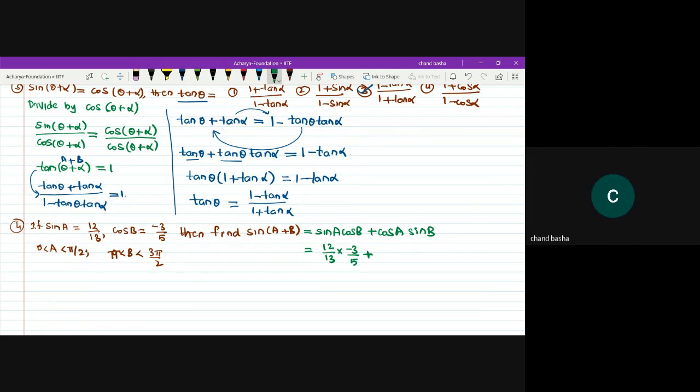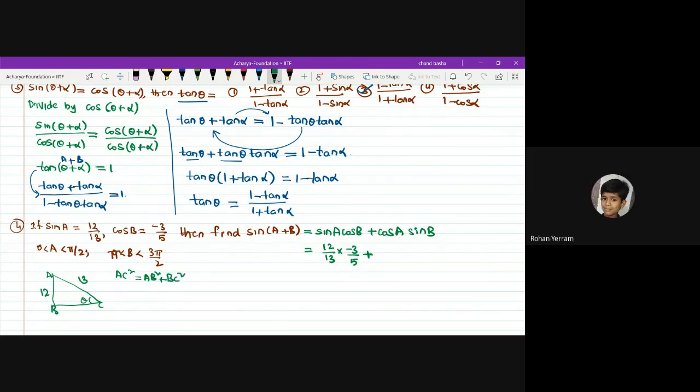So I can make use of a right angle triangle. Suppose this is A, B, and C, and here is your angle theta. Sine means opposite to theta over hypotenuse. Using the right angle triangle, AC square is equal to AB square plus BC square.